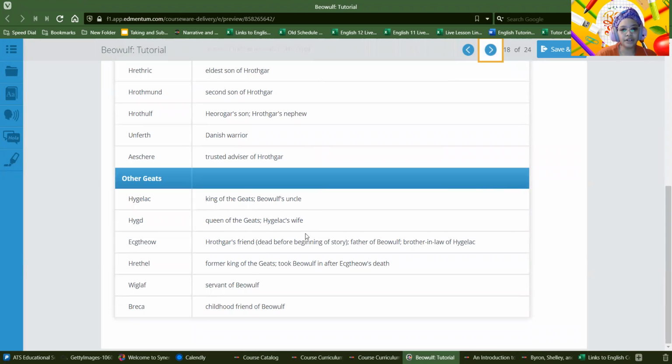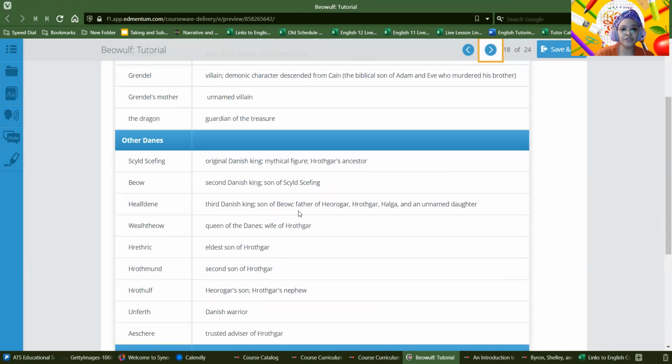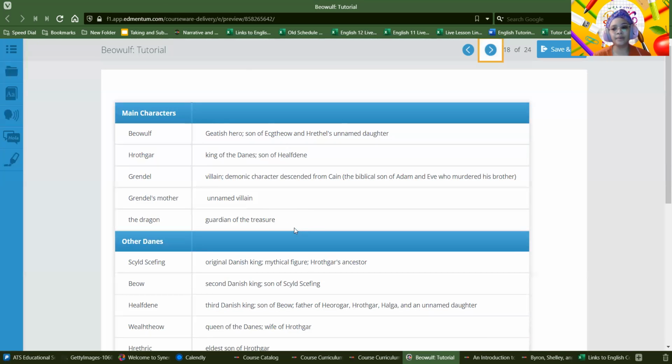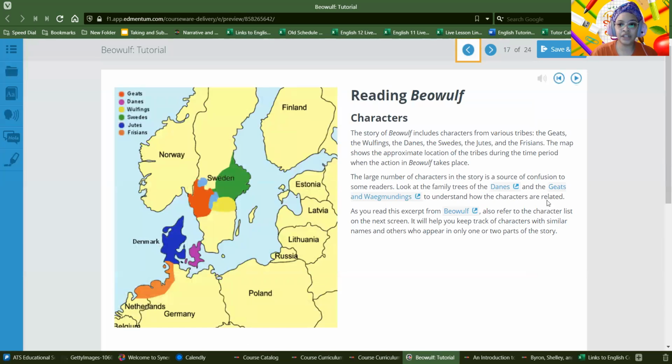And then they give you other Geats. So this is just a shortcut, but they don't give you everyone here. They just give you the people that show up most often. So if you're still having trouble with a name that's not on this list, you can go back to slide 17 and look at these family trees.